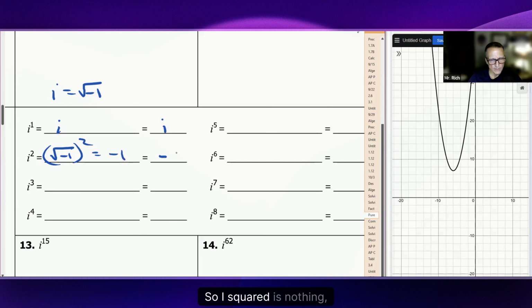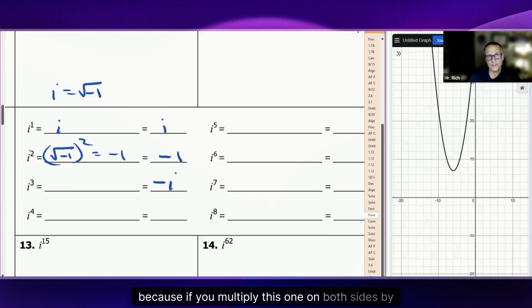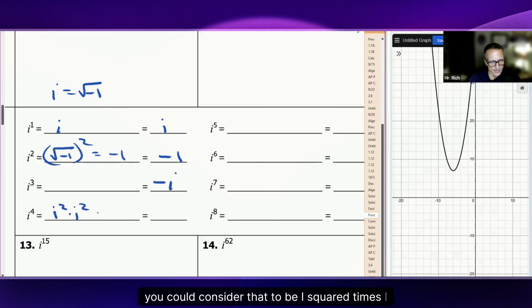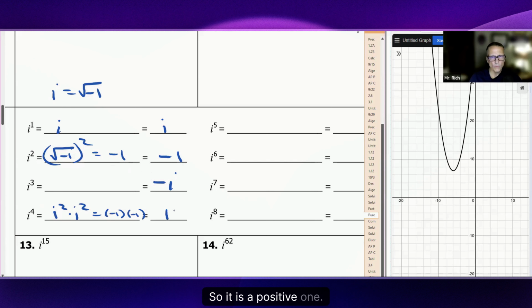So I squared is not an imaginary number. It is negative 1. I to the third is going to be negative I, because if you multiply both sides by I, you get I to the third equals negative 1 times I, which is negative I. Lastly, I to the fourth you could consider to be I squared times I squared, which is negative 1 times negative 1. So it is a positive 1.